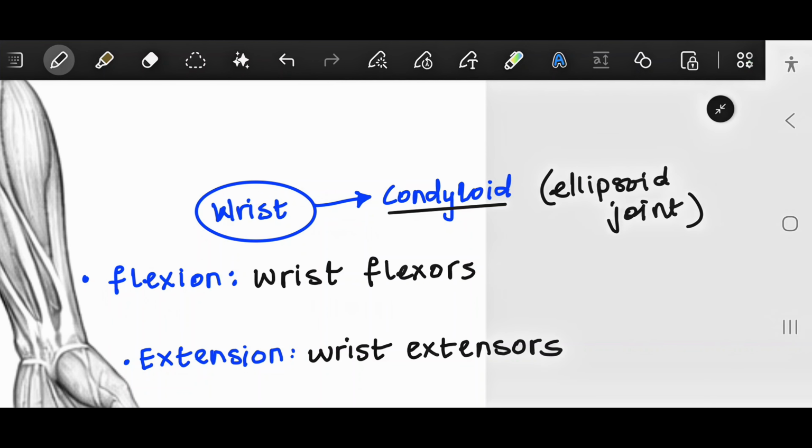Examples of wrist flexion are in a basketball shot when there's a flick at the end of the shot. That is an example of wrist flexion. And also in a badminton net shot, that wrist flick action is an example of wrist flexion. Now, examples of wrist extension in sports are when you control the racket face in tennis.